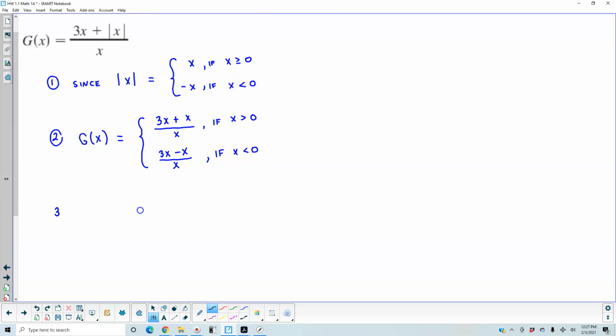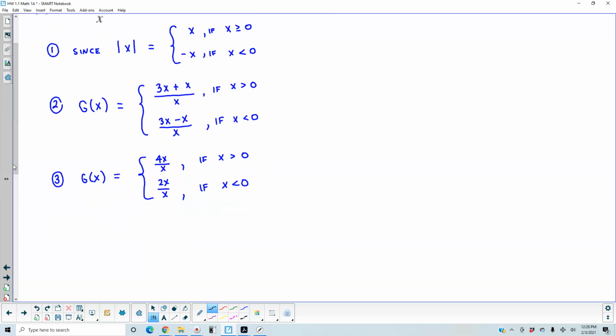So if we simplify it a little further, then we know that g of x is going to equal 3x plus x, which is 4x, divided by x. And 3x minus x is going to be 2x divided by x, given the restriction, if x is greater than 0 and if x is less than 0.